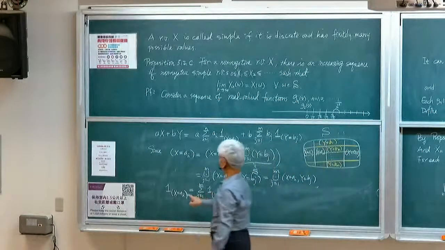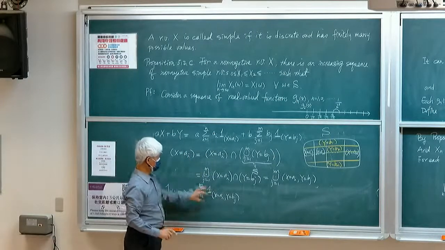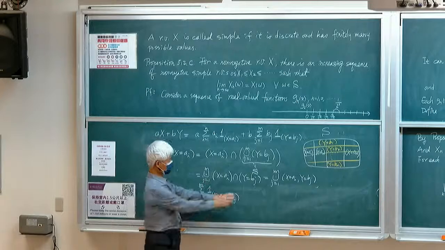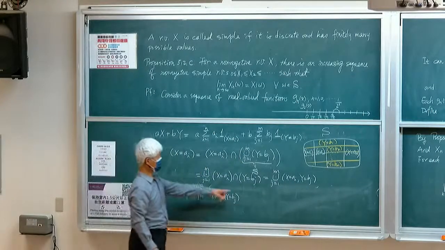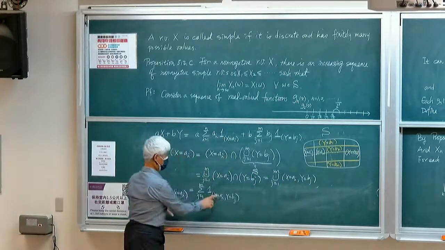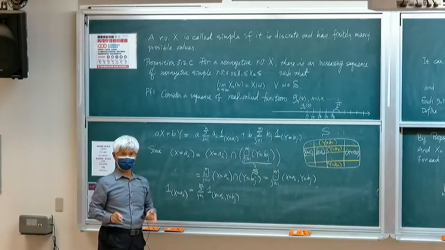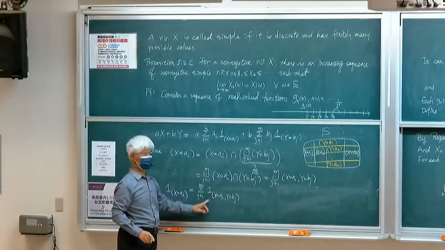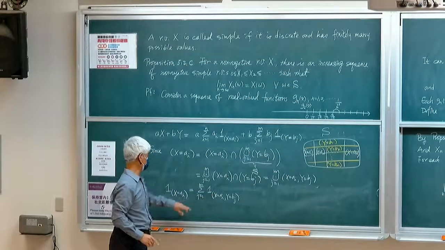And so the indicator of this event becomes the sum of the indicators of the smaller events. And because these small events are disjoint to each other, they cannot be one simultaneously, right? Only one of them can be one. Okay, so this becomes the sum. You can check that.